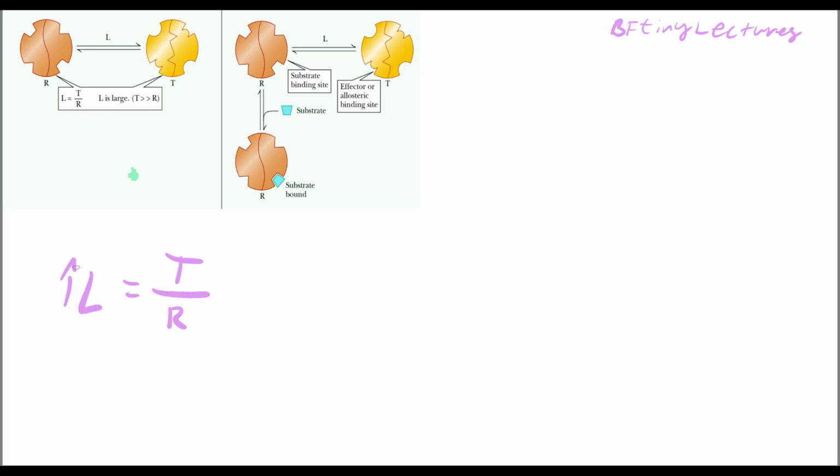Okay, so that's not good. Why is it not good? Well, if you have more enzymes in the T state than you have in the R state, the substrates cannot attach themselves to the enzymes and they cannot make products. So do you want the enzyme to be in the T state? Not really, no. Because if you have that, you're not going to be making products. And so a large L is unfavorable.